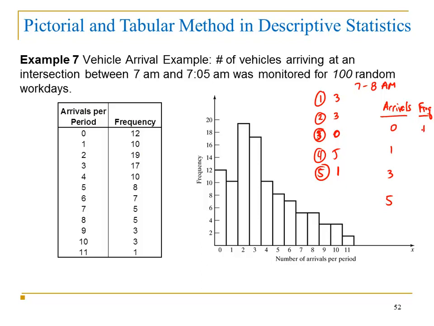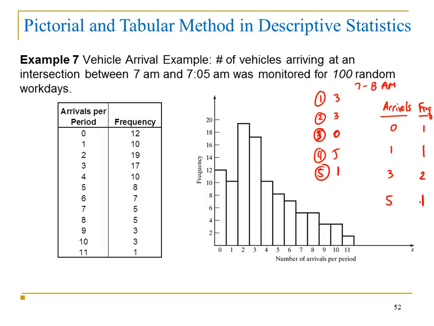How often do you observe 1? It's 1, right? On Friday, you only observe 1. Then how often do you observe 3? 2, right? And how often do you observe 5? Just 1. So that is how, following this example, this table here is created.